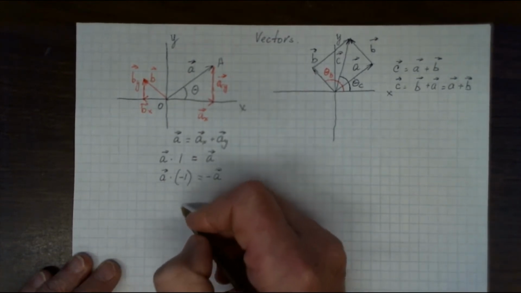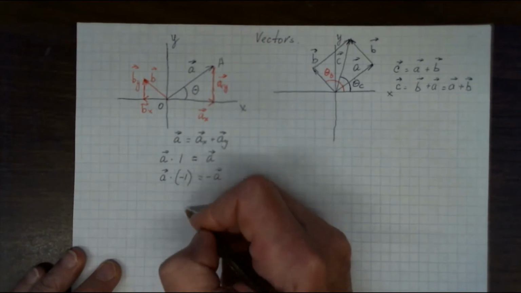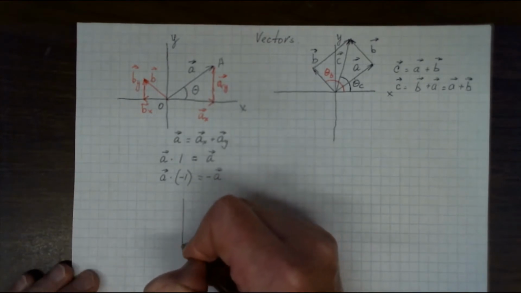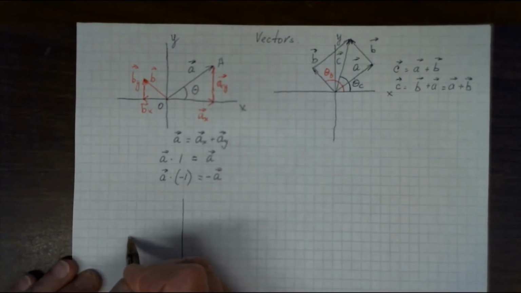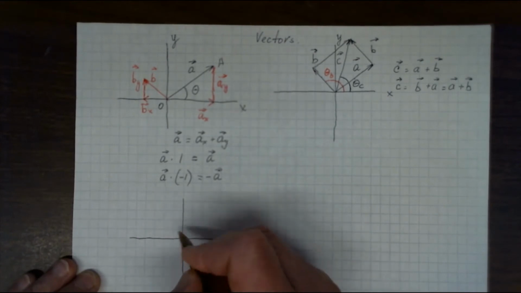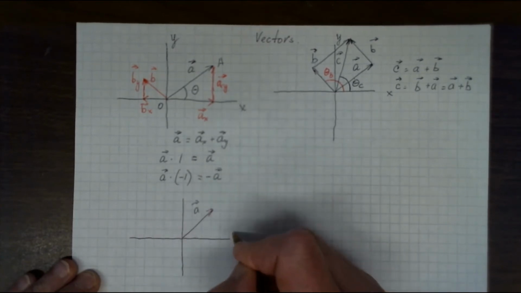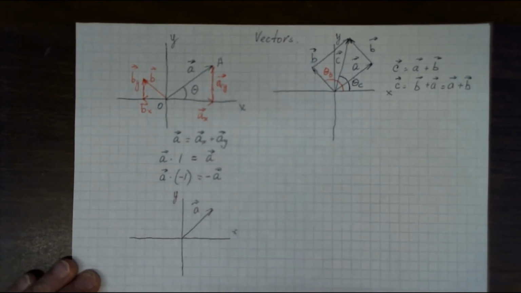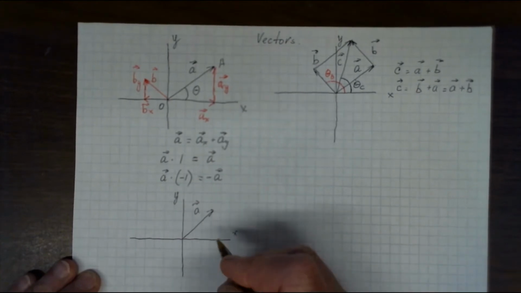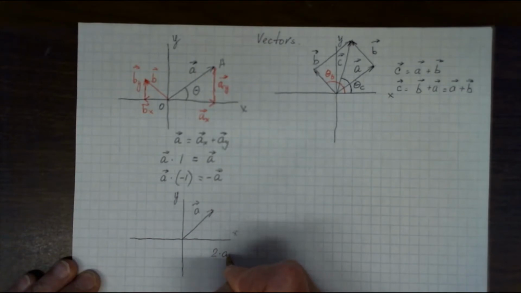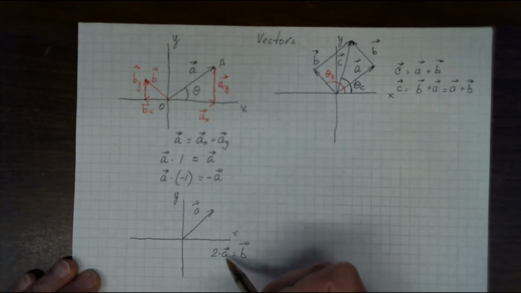So if I want to, for example, here is my vector A. For example, 2 times A. Let's call it B. So what do I need to do?